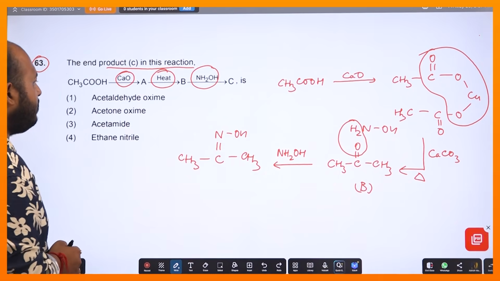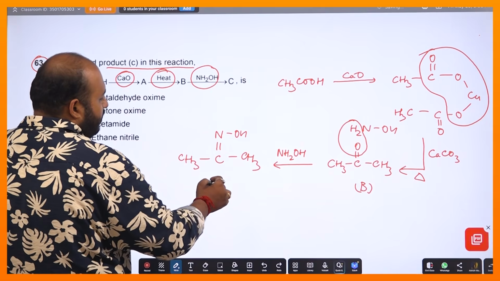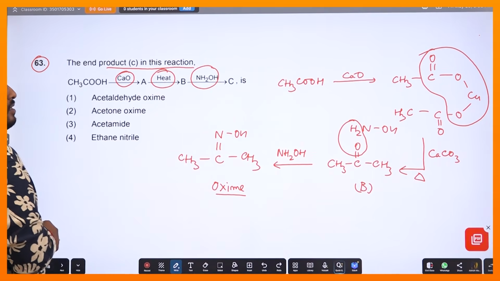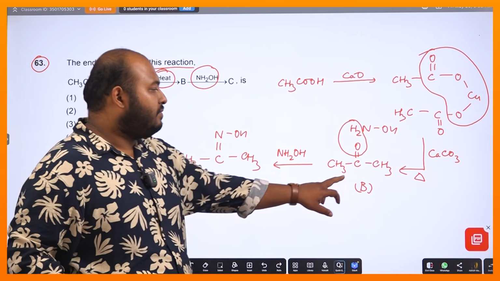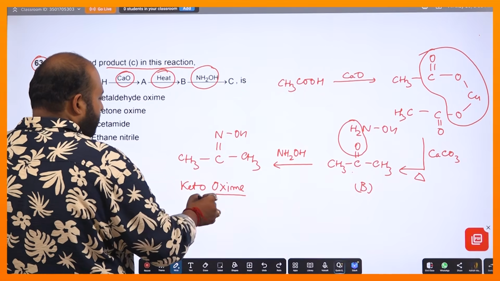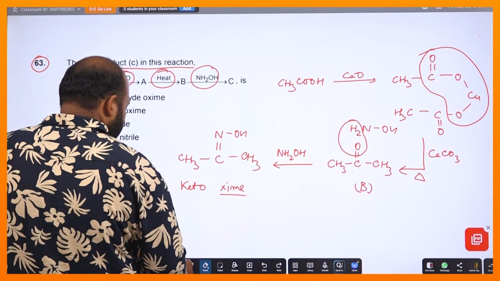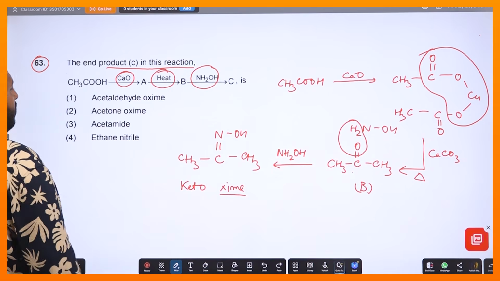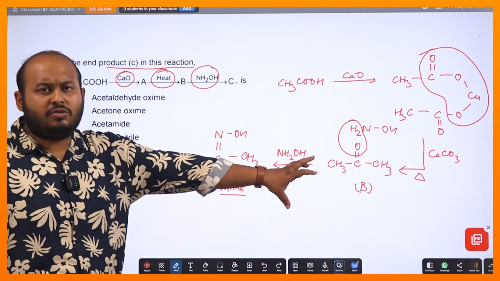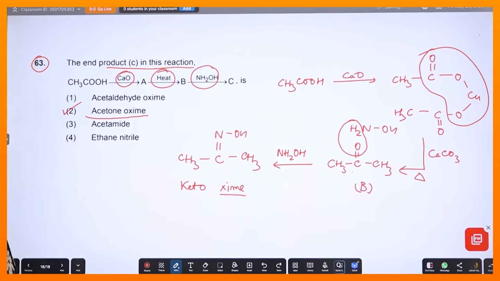Okay, this will be the product. It will form an oxime. As we have done the reaction with the ketone, it will be a ketoxime. So the correct option will be, in this case we have taken specifically the ketone as acetone, so the product will be named acetoxime, acetone oxime.